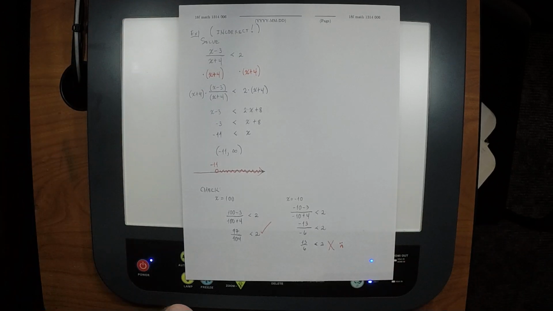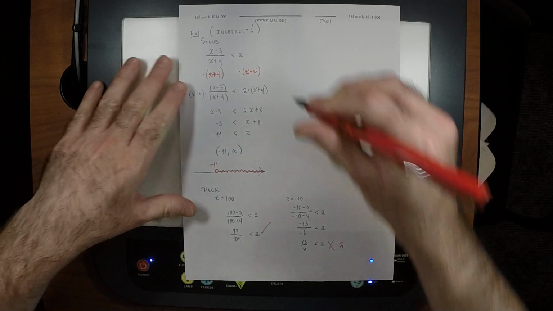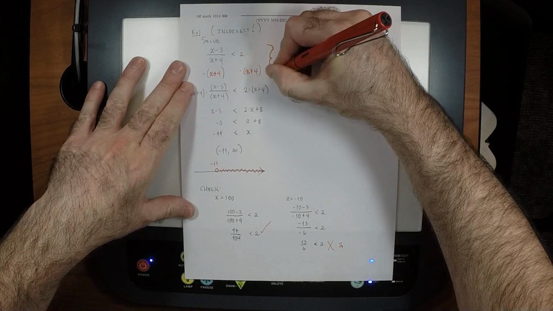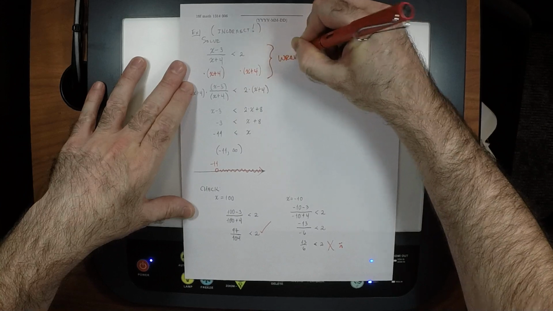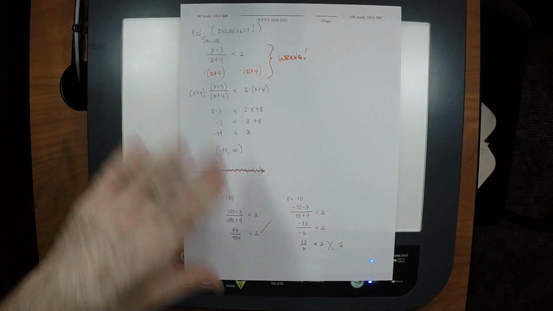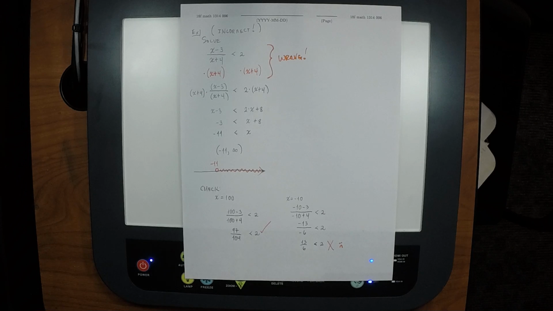In fact, the very first step is the wrong step. The very first one. Wrong. The reason why it's wrong is the following: in the very first step we're saying let's multiply both sides by x plus 4. Now the point of that is so that we can make that cancellation.